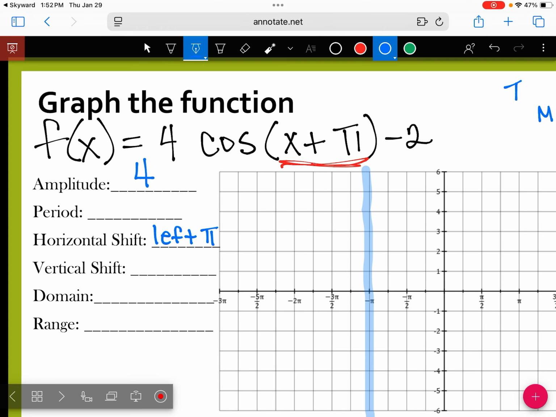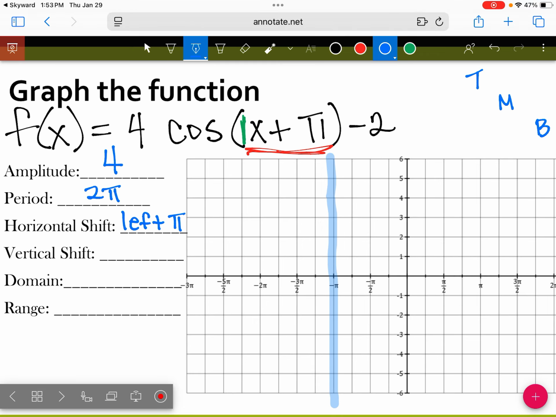What's the number in front of x? The number in front of x is 1, right? So my period is 2 pi divided by 1, which is 2 pi. So we need to hop 8 times. I want you to hop 8 times from my starting wall and put in another wall.